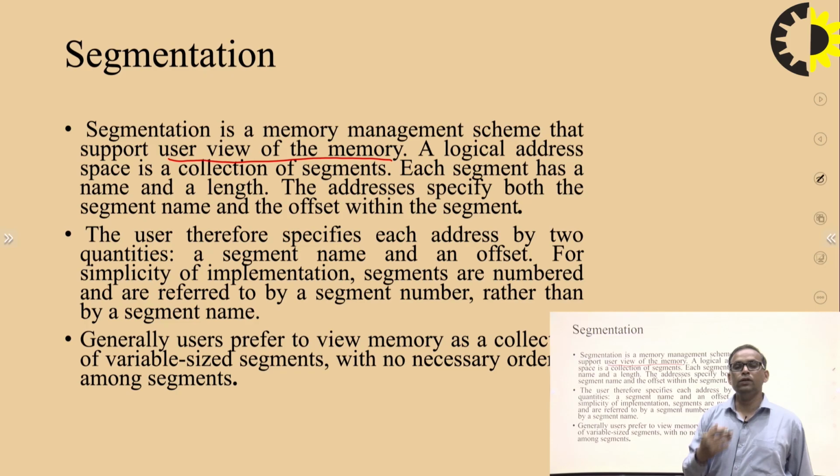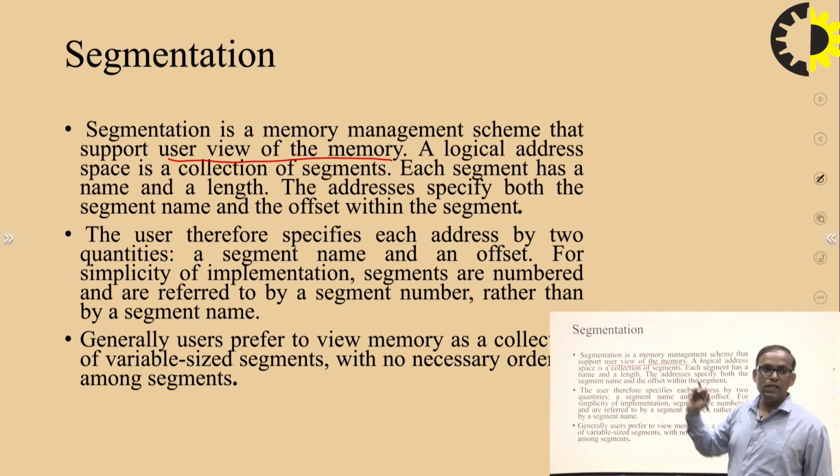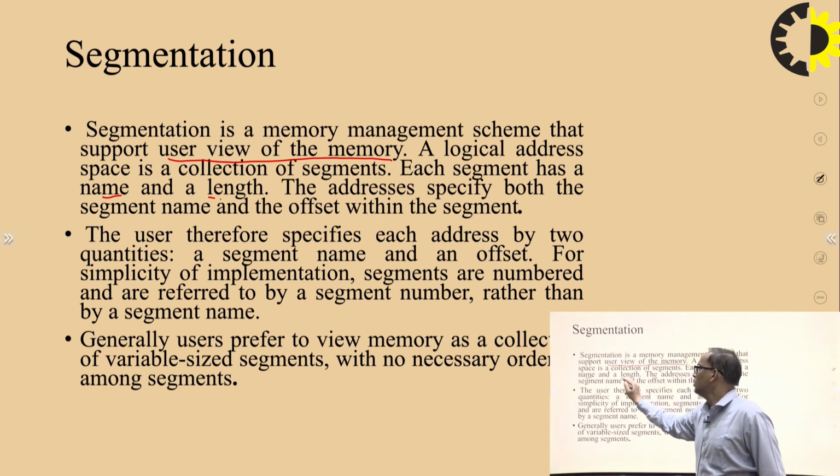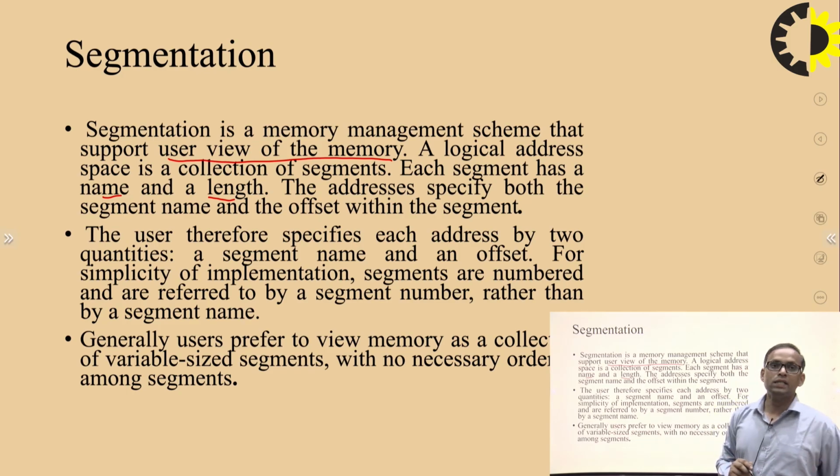Whenever a user visualizes a program, the user can visualize it in the form of segments. It is a collection of parts, a collection of segments. It means a program may be visualized as a collection of segments. So in the segmentation memory management method, the program is visualized as a collection of segments, and every segment has two parameters associated with it: the segment name and the segment length.